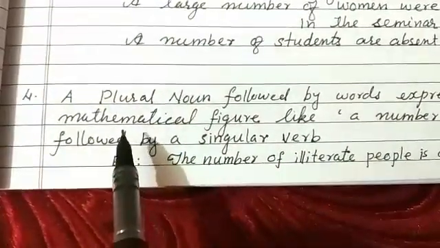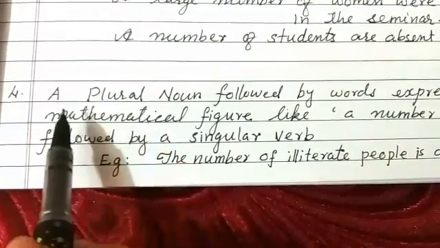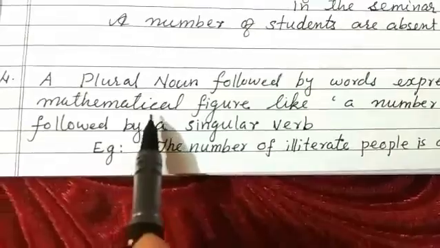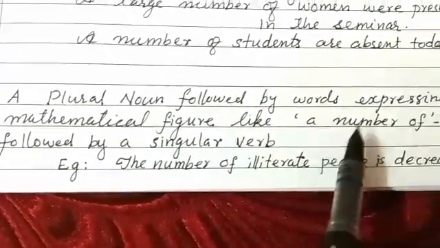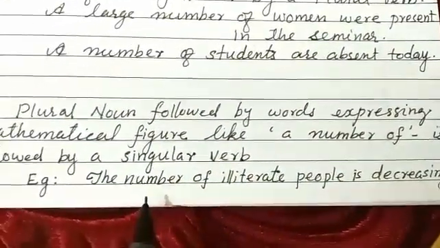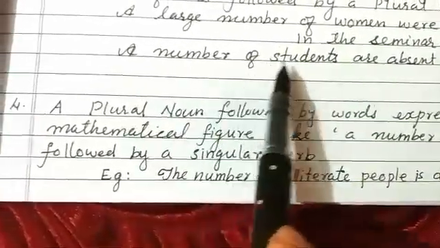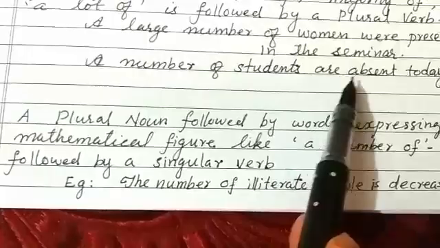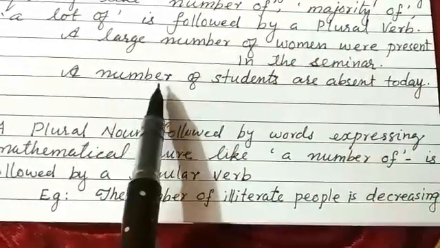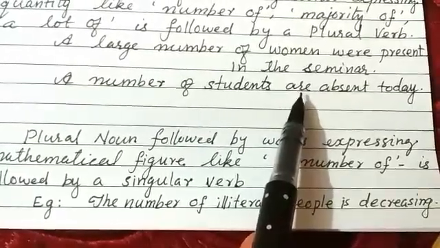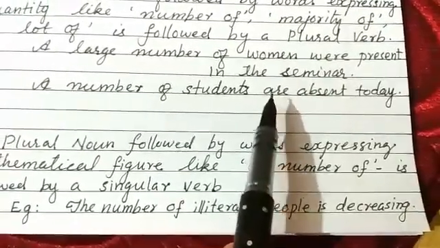And here we have one exception. A plural noun followed by words expressing a mathematical figure like the number of is followed by a singular verb. We have seen in the previous rule, a number of students are absent. A number of is followed by a plural verb when it represents quantity.